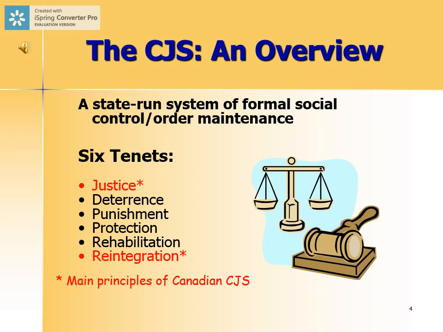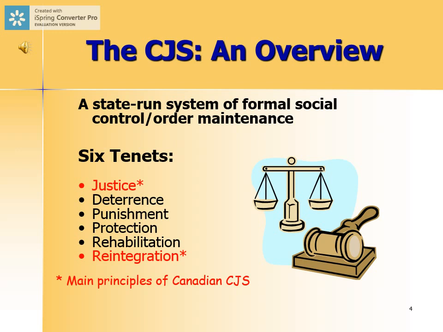A number of people believe that the system bends over backwards to protect the defendant at the expense of the collective security of society. But there's no doubt that justice is an absolutely fundamental aspect of the Canadian criminal justice system. And the second most important principle is reintegration. The whole system in Canada is really about getting the offender back into the community. And that's why probation is the sentence that's handed out the most in criminal courts.